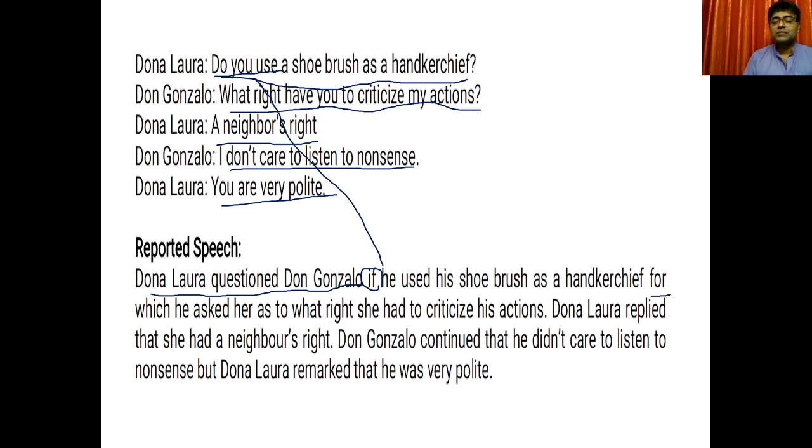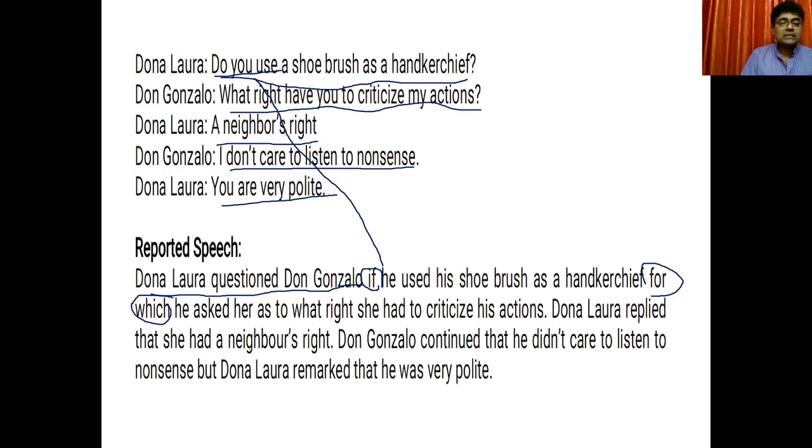Now you find something here: "for which". What is this? This is called a connective device, or a cohesive device, because you are connecting the previous sentence to the next one. So "for which", Gonzalo asked, because he is asking that question as a relation, as a connection.